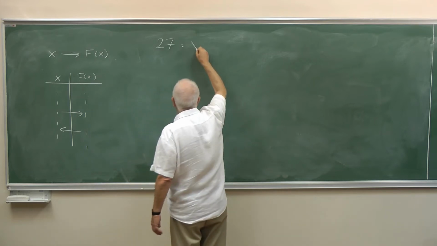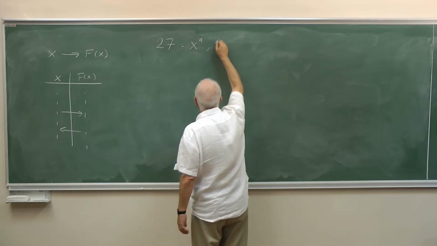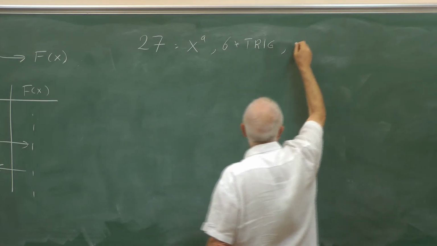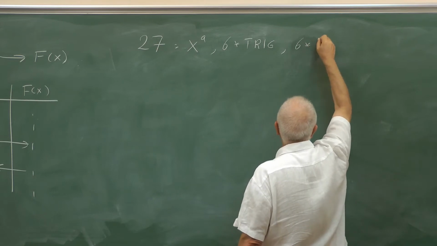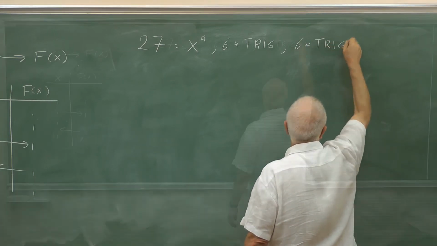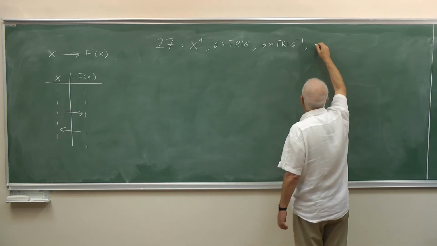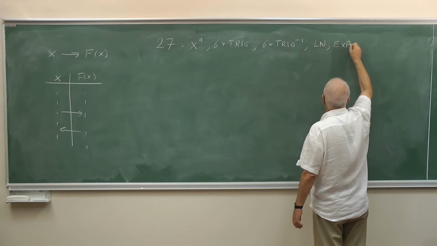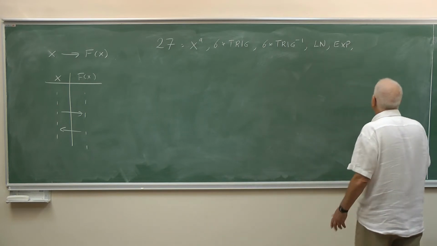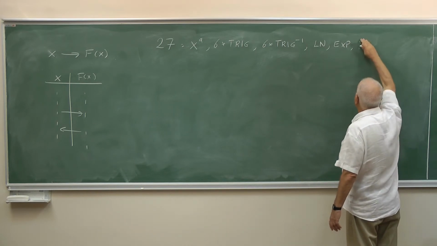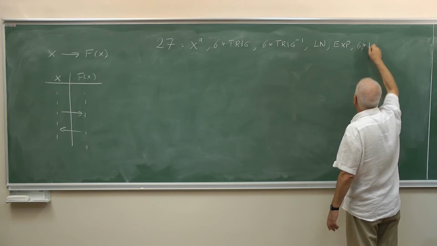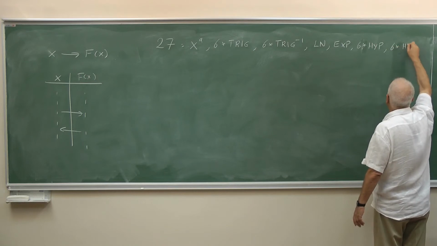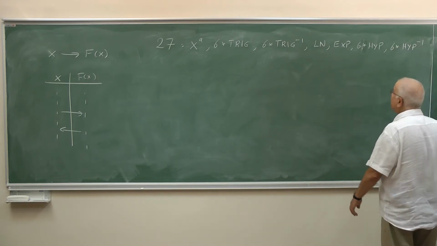These are the power function, then 6 trigonometric functions, 6 inverse trigonometric functions, then we have the logarithm and exponential functions, then we have the hyperbolic functions, 6 of them, and finally 6 inverse hyperbolic functions.